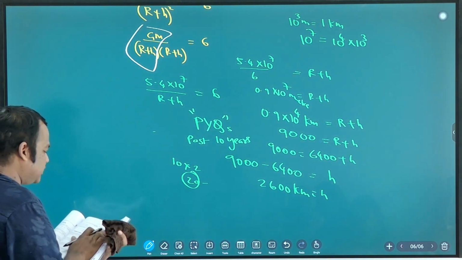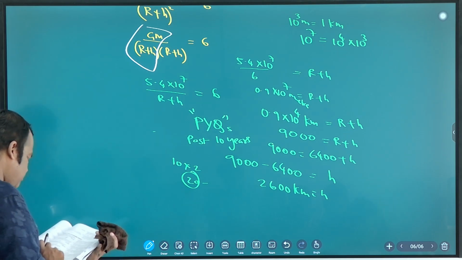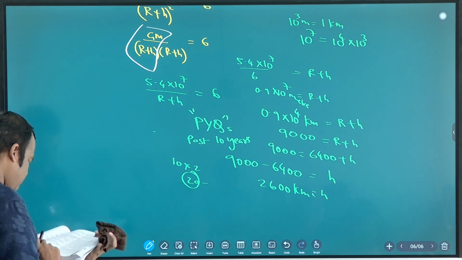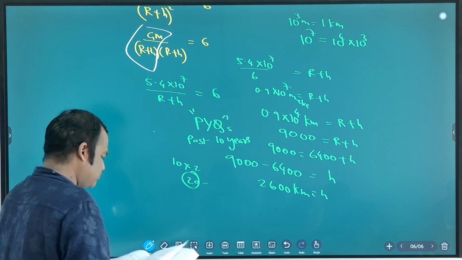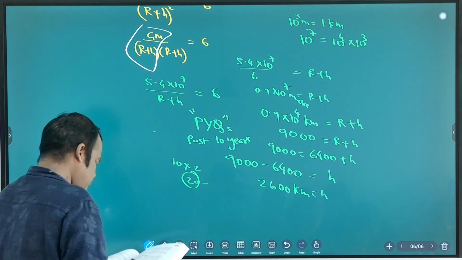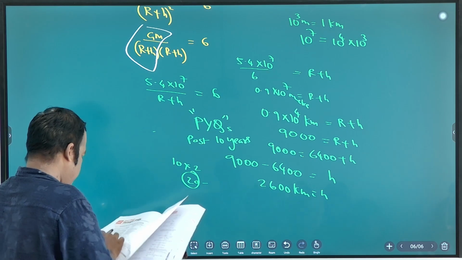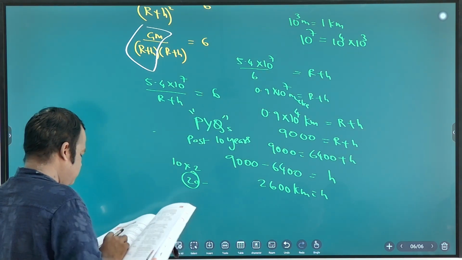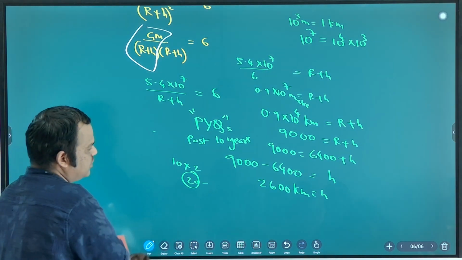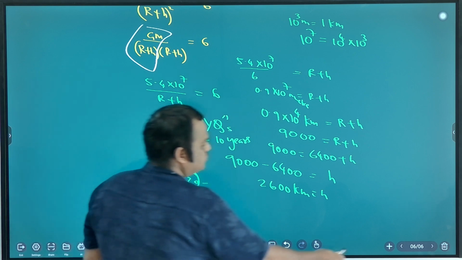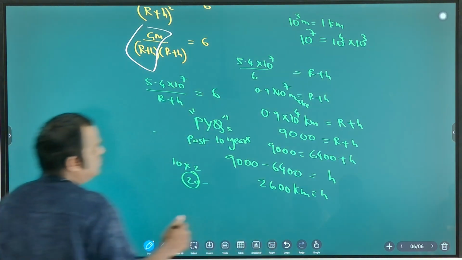So graph we have discussed. Okay, take a break. We'll continue. So gravitation is over.